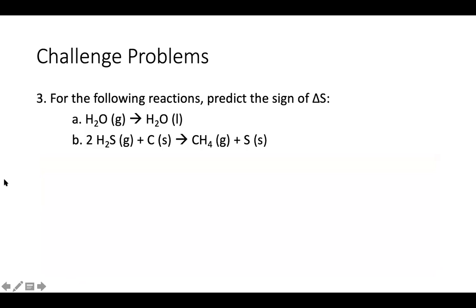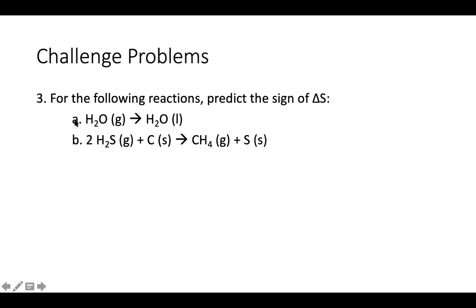Okay, question 3 was a little bit more theoretical. There's a bunch of great examples of these in lecture as well, of predicting the sign of delta S, and you definitely could see this as maybe one multiple choice question. So just generally looking at these, what should the sign of delta S be?